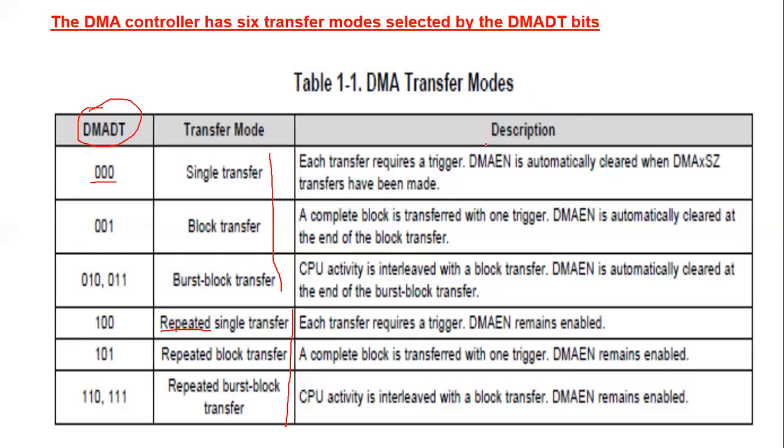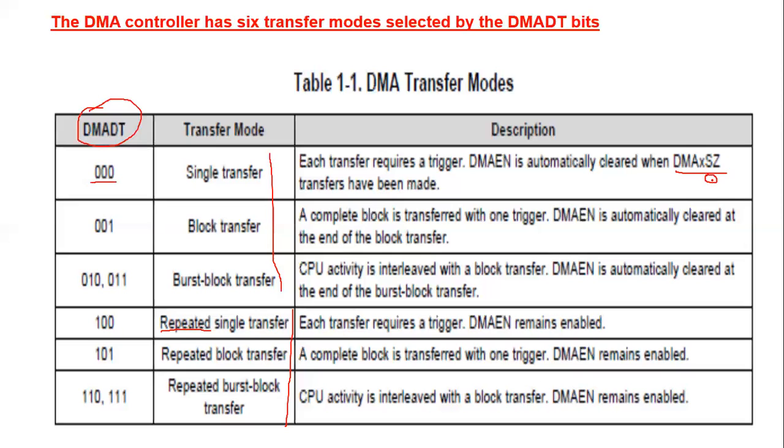How many datas are available? Remaining 9. That 10 will be decremented here to become 9. Similarly, if one trigger is given again, one more data is transferred. At that time, DMA SZ will again be decremented by 1. Like that, for every one data transfer, the size will be decremented and becomes 0.